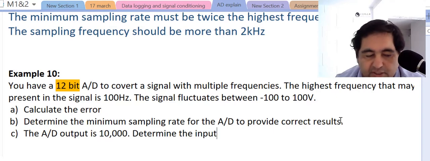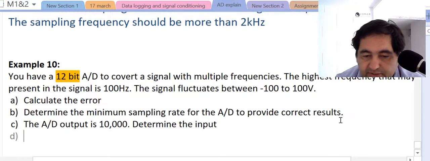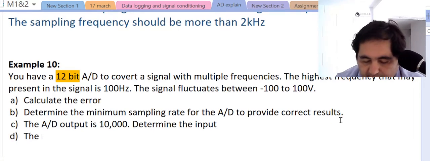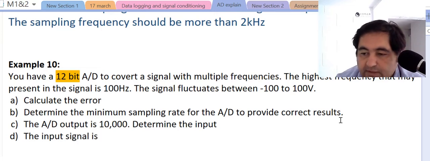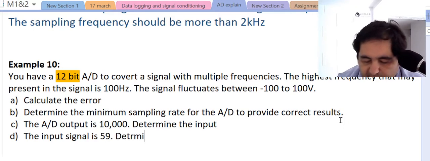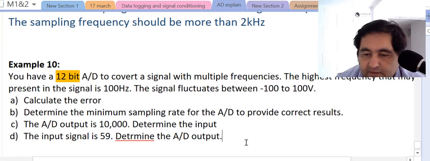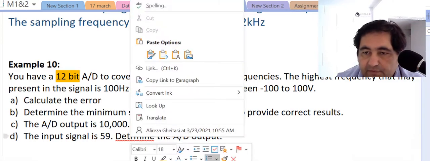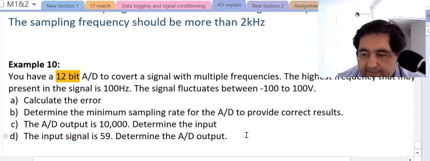That's another question. I want you to actually answer this question. And the other one, the input signal is 59. Determine the A to D output. This is basically a few things I wanted you to answer.